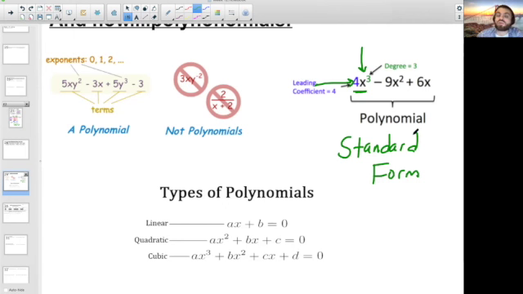All right, throughout high school, you learned about a couple different types. You learned about linear and quadratic. I'm not sure whether you all learned about cubic last year, but that's something we'll take a look at as we go further. The term comes from the biggest power of x. So linear, the biggest power of x is 1, and the graph looks like a line. Quadratic, the biggest power of x is 2, and the graph looks like a parabola.